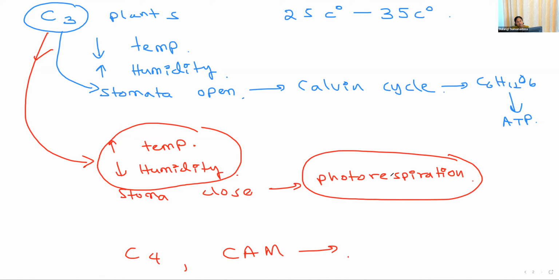Sometimes they will undergo photorespiration, so they can't avoid it. But plants like C4 and CAM, I will explain what CAM is, are the plants that live in very hot and dry conditions permanently. So they must have adaptations to avoid photorespiration, right? So C3 don't have any adaptation, but C4 and CAM, hot environment plants like desert plants, will have adaptations.